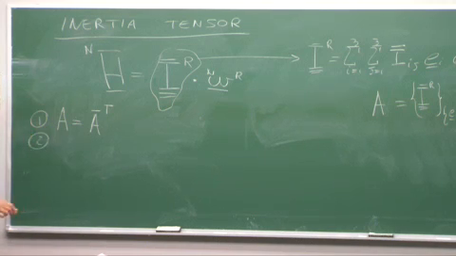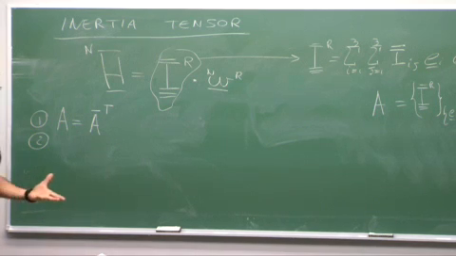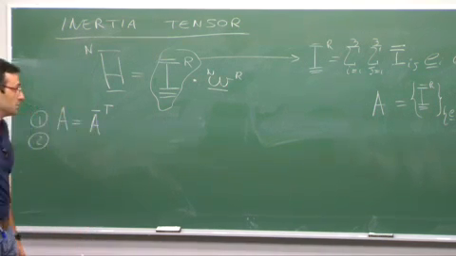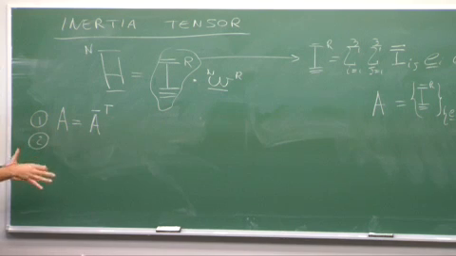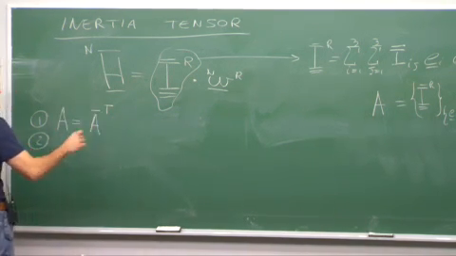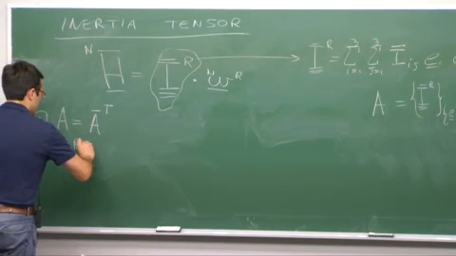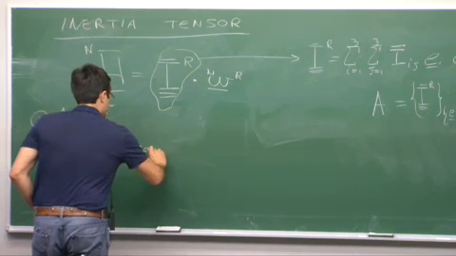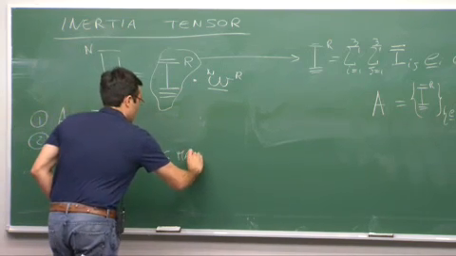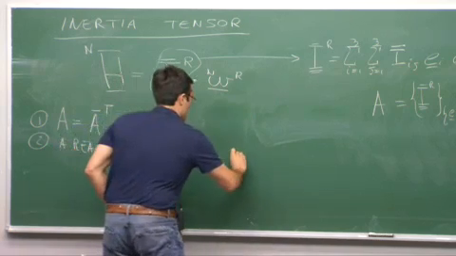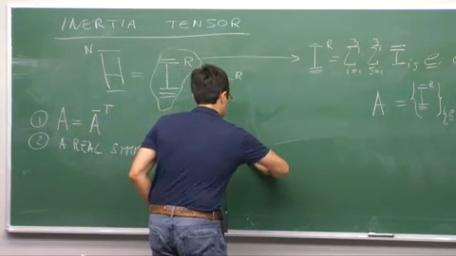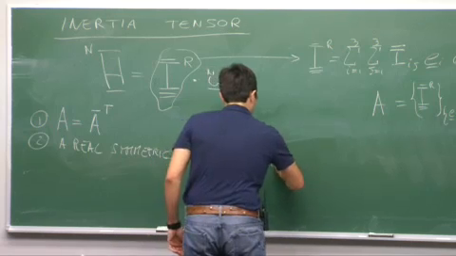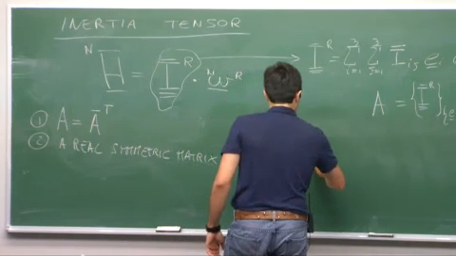More important ones are the following, and this is why I asked you about linear algebra. It's a prerequisite. At this point, you should have some knowledge of linear algebra, so I'm not going to demonstrate these things, but they should be known. A real symmetric matrix has real eigenvalues.